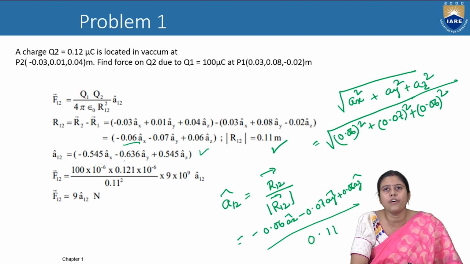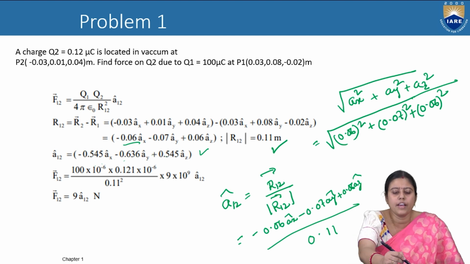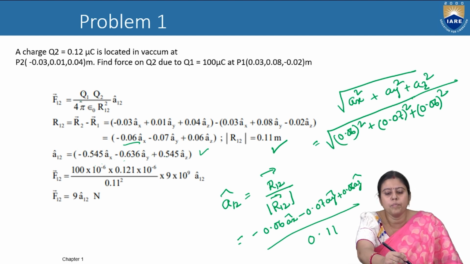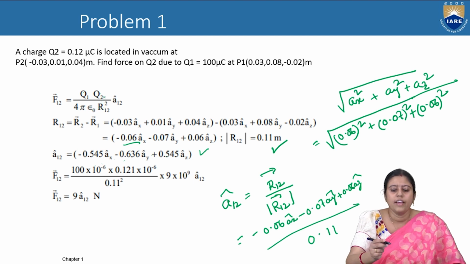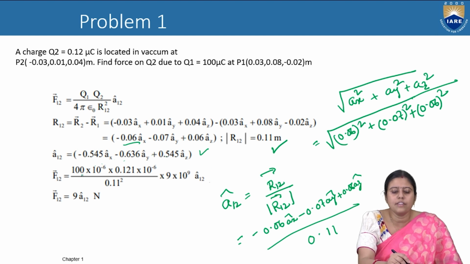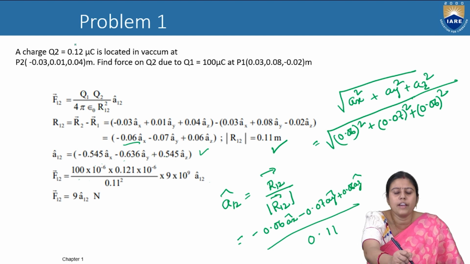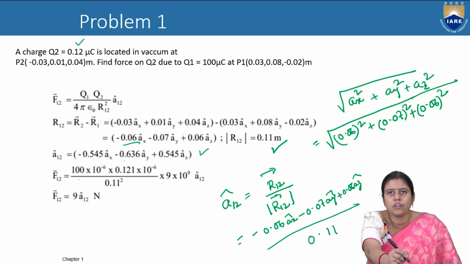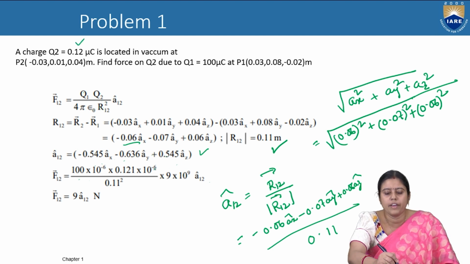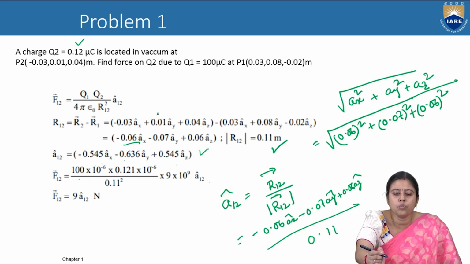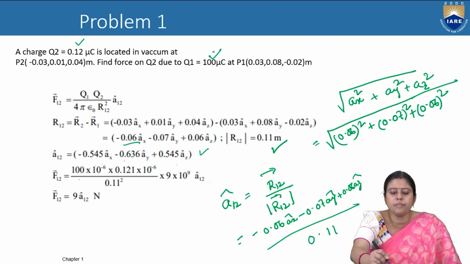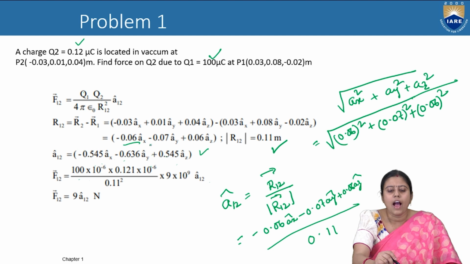What is then F12? F12 formula is Q1 Q2 by 4 pi epsilon R12 square in the direction of A12. So what is the value of Q1 Q2? Q1 is given as 0.121 microcoulomb, and Q2 is given as 100 microcoulomb, by R square.